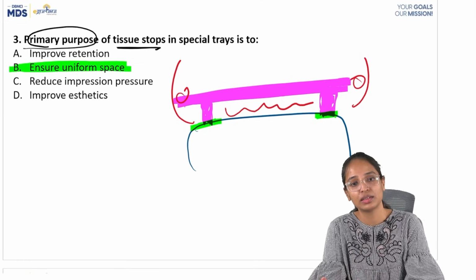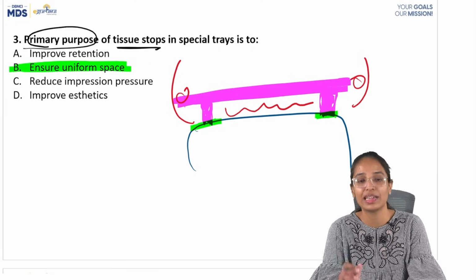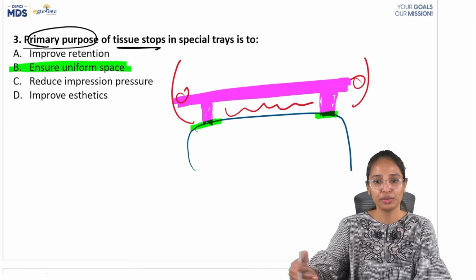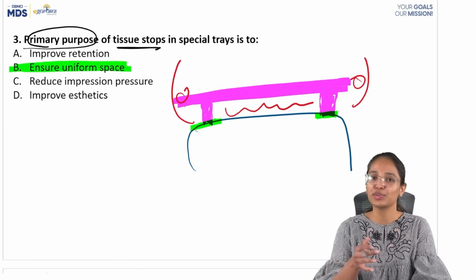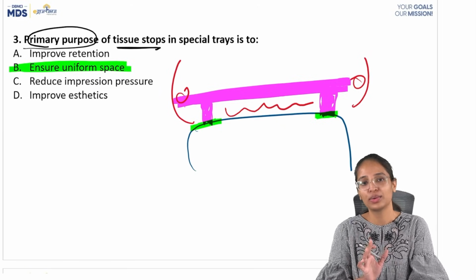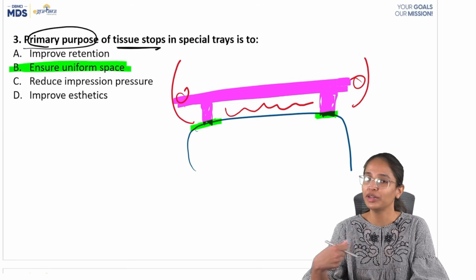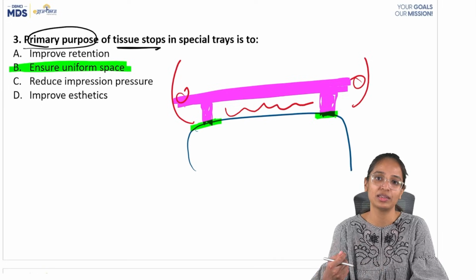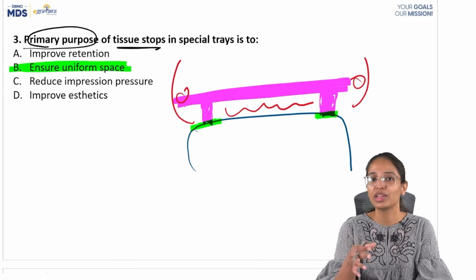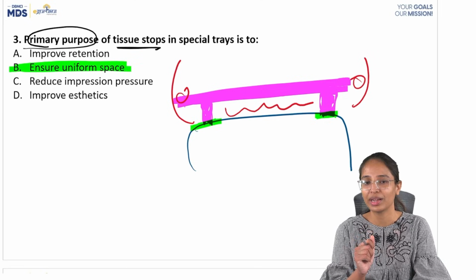After this, there are other roles of tissue stops also. It helps you align the tray in the correct position. Throughout your border molding, you had your spacer, which was in intimate contact with the tissue underneath, and that helped you align and locate the tray in its correct position. The moment you remove your wax spacer, there's now a gap between the tissue and your special tray, so there's no particular position in which you can seat it.